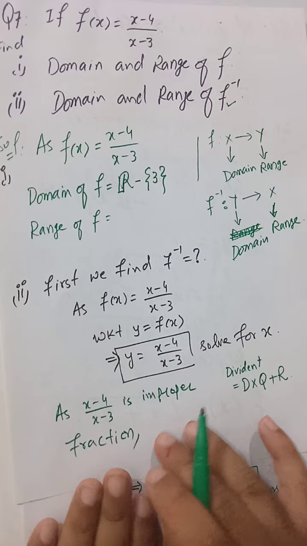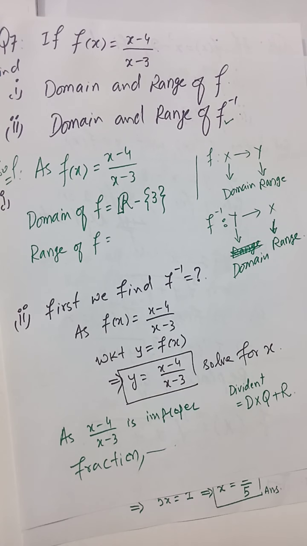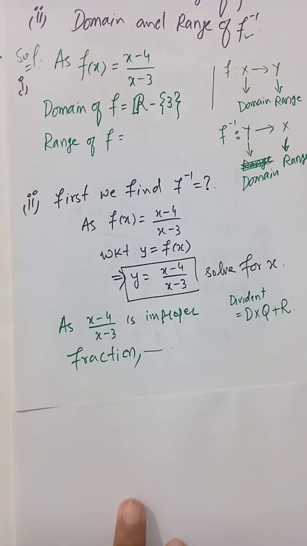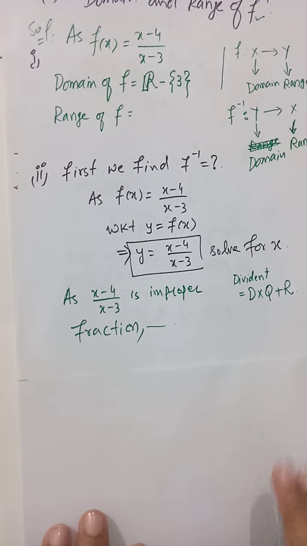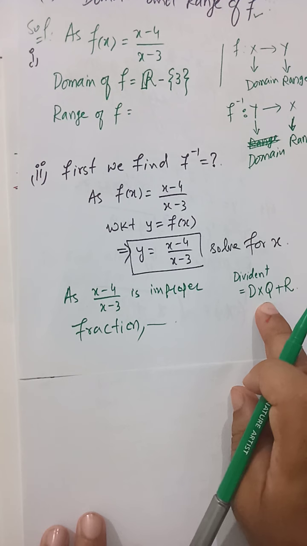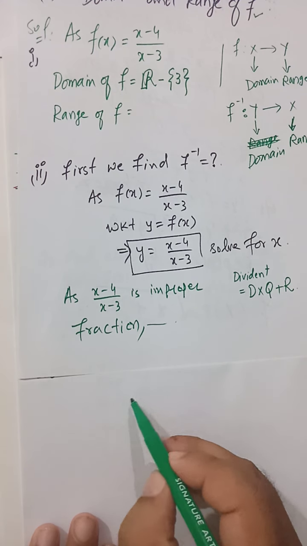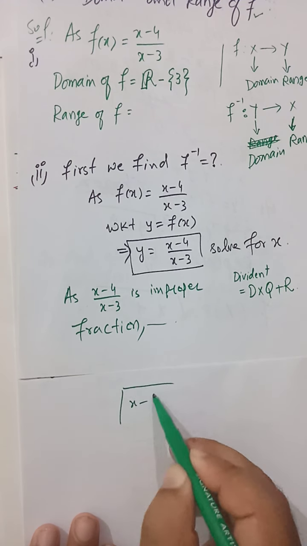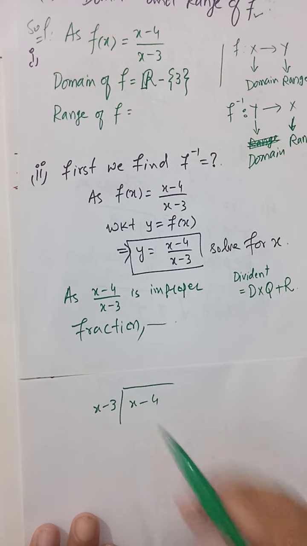First we will convert this into a proper fraction, so you will get a constant plus a proper fraction by using this relation. So divide x minus 4 by x minus 3.